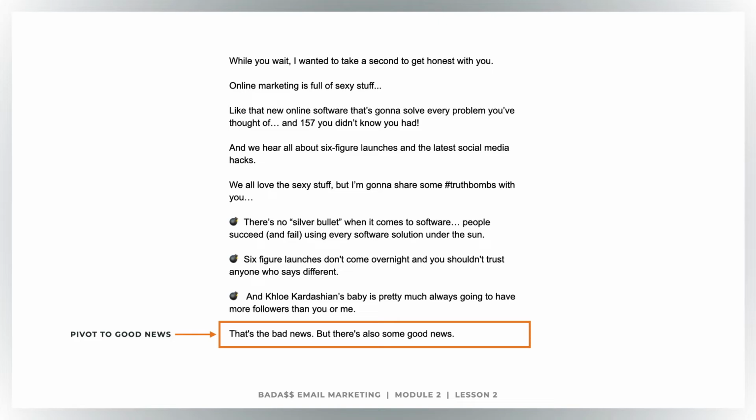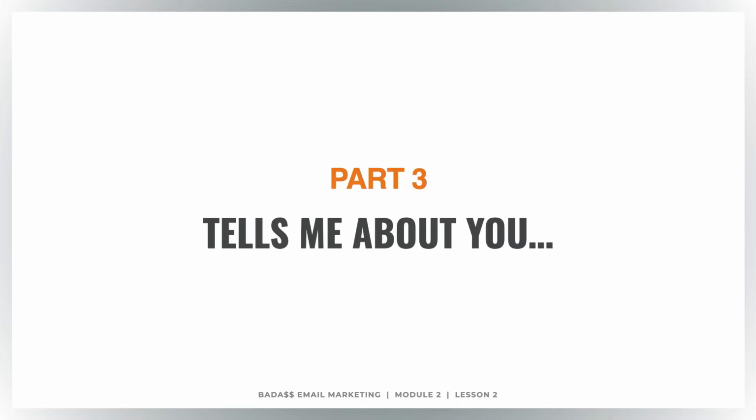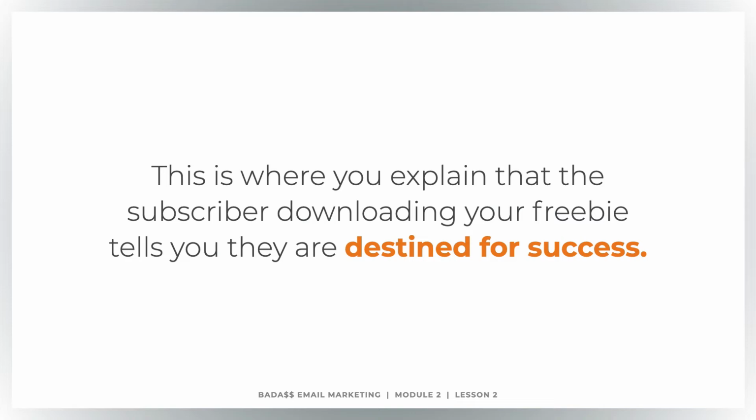That then takes us to the third part, and the third part is tells me about you. So this is where you explain that the subscriber downloading your freebie tells you that they are destined for success. And again, you're not going to say it just like that, but here's the thing. Literally the only thing you know about someone at this point is that they've downloaded your freebie.